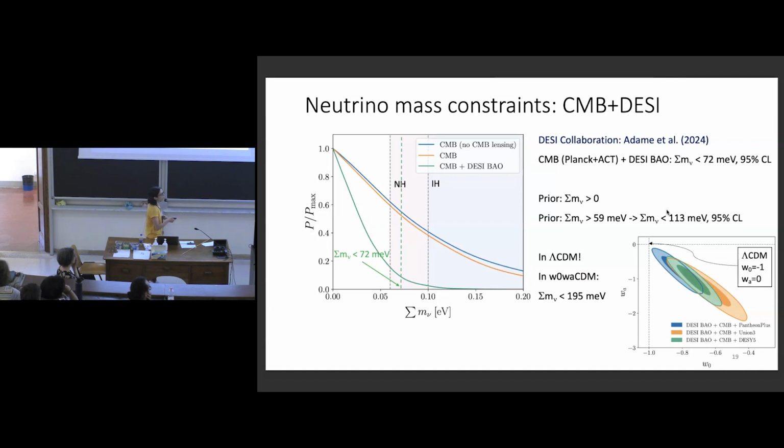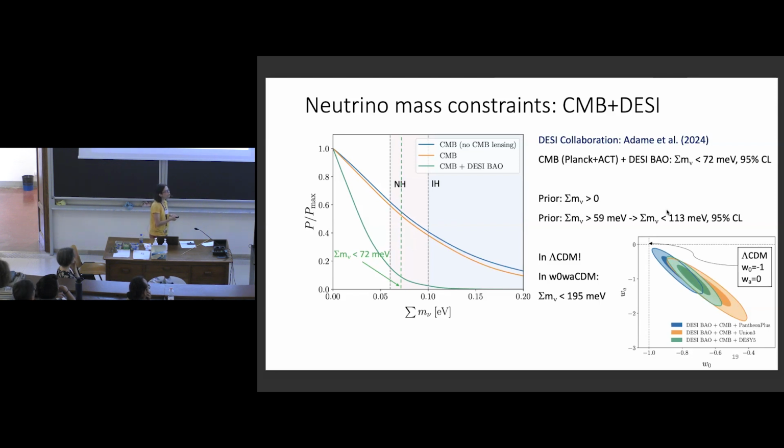And if you analyze the data within this w0 wa cold dark matter model, so basically replacing your cosmological constant with a time varying dark energy, then the bound on the neutrino mass sum is about 0.2 electron volt.